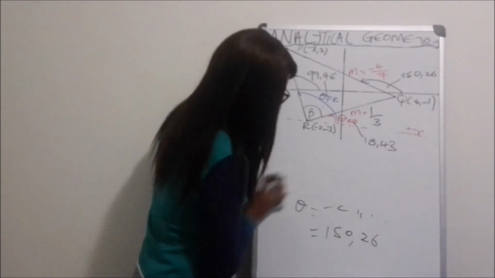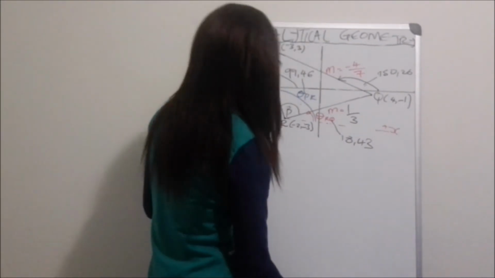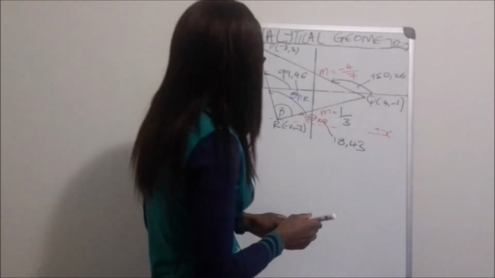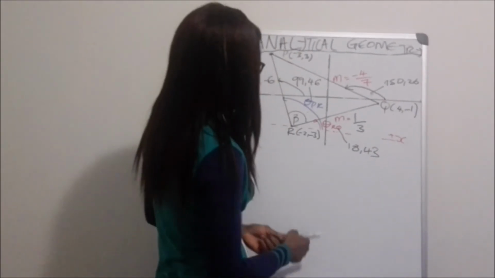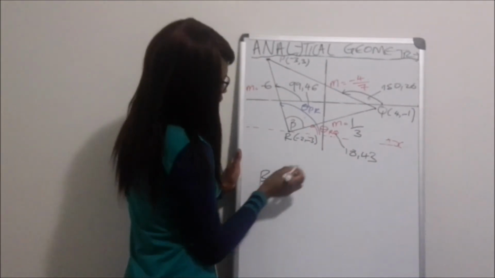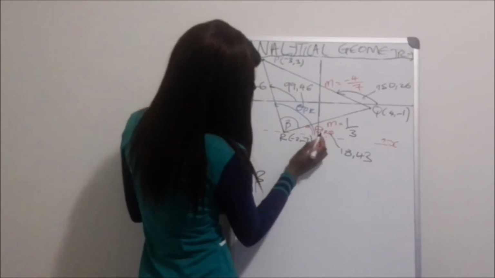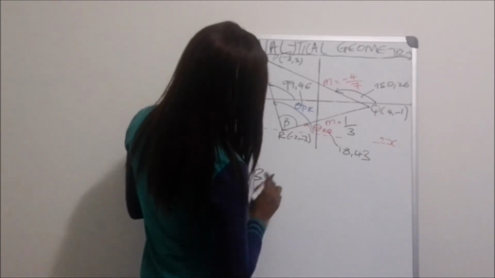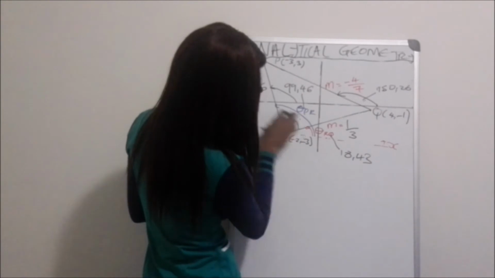Alright guys, now that we have all the angles of inclination that we need, what we have to do now is to find the value of beta. That's beta there. This is our horizontal axis, and we have the angle of inclination, which is measured from the horizontal, which is the angle theta PR.